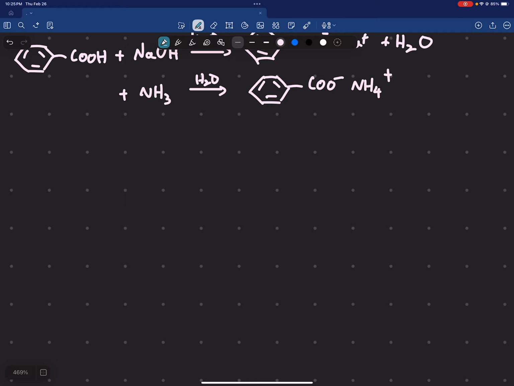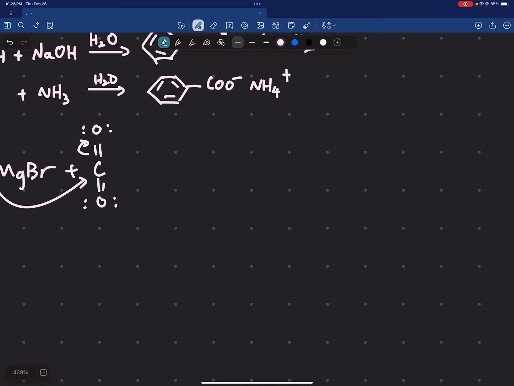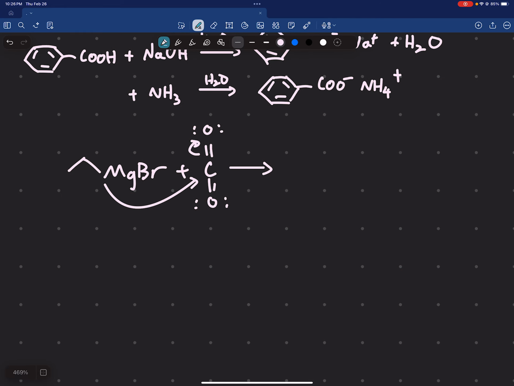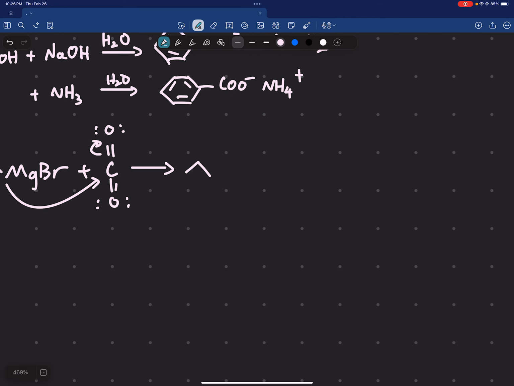So if we have this Grignard reagent here, and we treat it with carbon dioxide, the nucleophilic carbon is going to go for the electrophilic carbon, and the double bond will no longer be a double bond, and this is going to become something that looks like this.